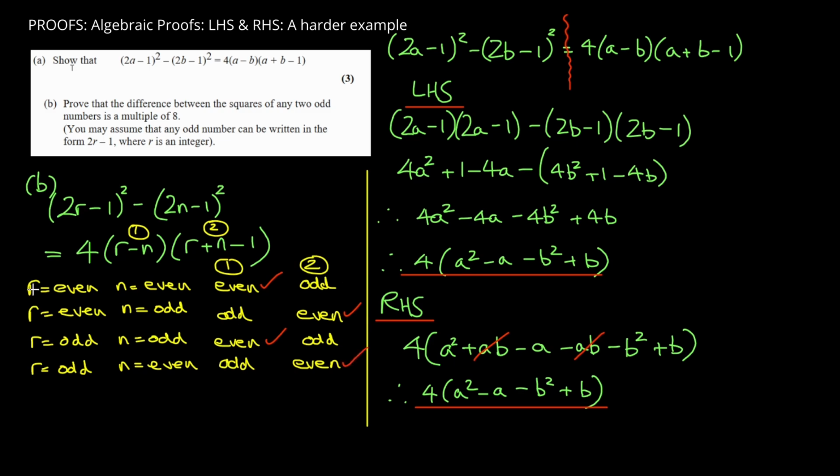So in all 4 cases of r and n being either odd or even, we've found an even result from our formula. So therefore we can say 4r minus n, r plus n minus 1 is divisible by 8. And there is the proof.